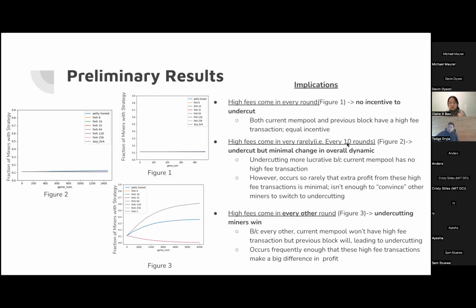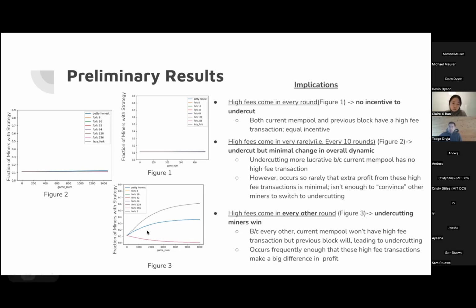And then the third case is probably the most interesting case, in which high fees come in every other round. This is sort of the Goldilocks zone, where it's just sparse enough that the current mempool won't have a high fee transaction because it comes in every other round, but the previous block will, so they will always undercut to get that high fee transaction. And because it comes in every other round, or 50% of the time, this undercutting action occurs frequently enough that it's statistically significant, and the other miners are convinced that undercutting attacks are actually profitable.